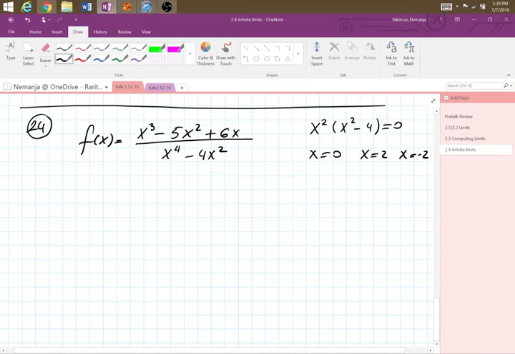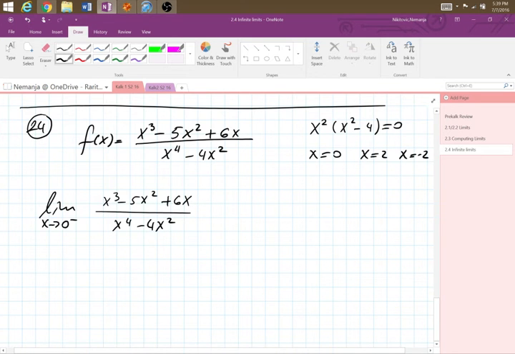First, we would like to check if 0 is a vertical asymptote or not. So I will check the limit as x approaches 0 minus or 0 plus, it doesn't matter, check one or the other, of x cubed minus 5x squared plus 6x divided by x to the 4th minus 4x squared. We're supposed to solve this limit.